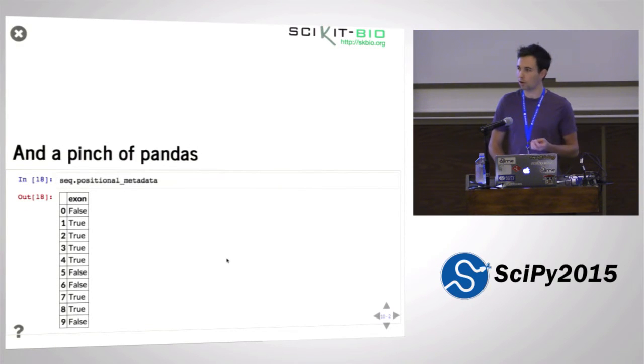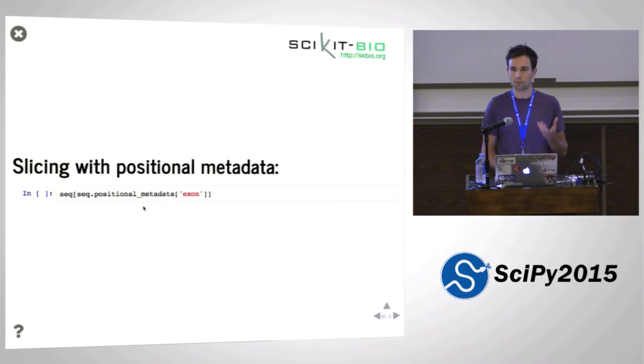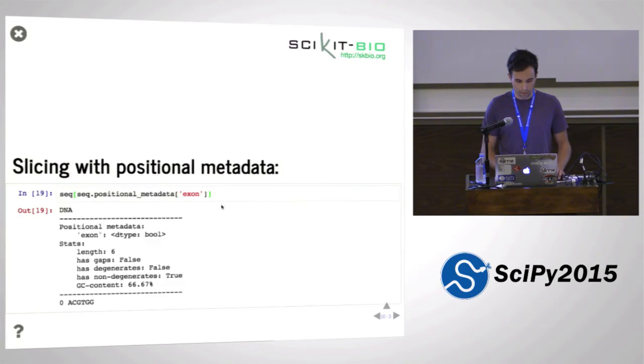So there's that exon column that we created when the sequence was instantiated. This is a Boolean vector that we can use to actually slice into the sequence to remove the introns and get a sequence back that only has the exons. So we can just slice like so with our positional metadata. And the sequence you get back, you'll notice, is shorter than the one before. It's had all of the false positions removed.